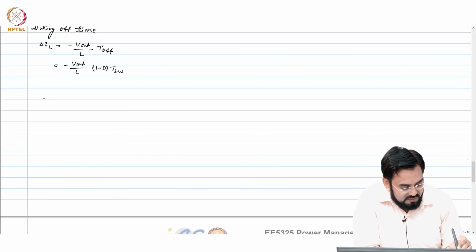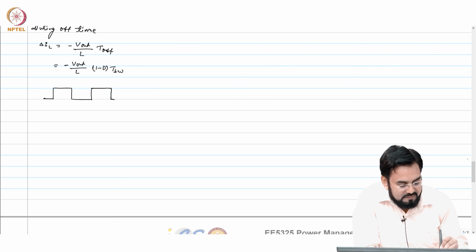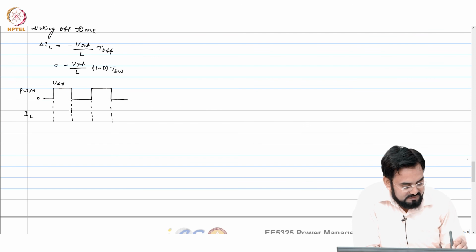So if you want to draw the current waveform, if this is going 0 to VDD, if this is your PWM signal, then your IL or inductor current will look like this.